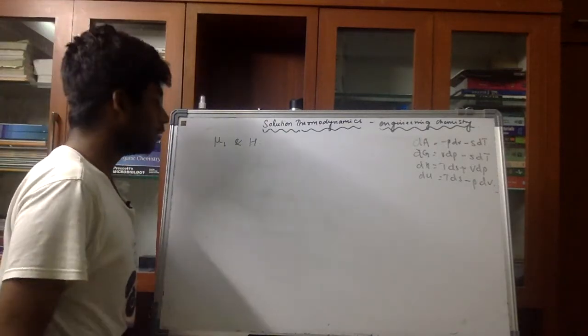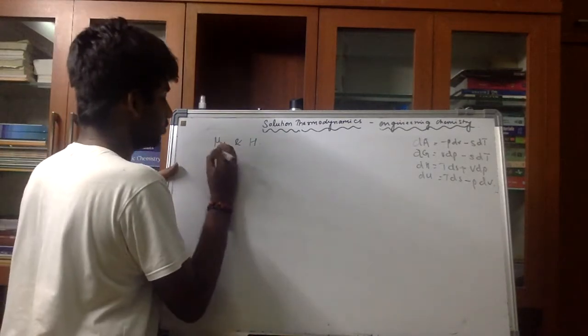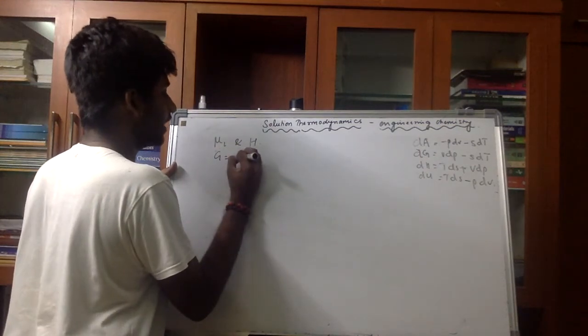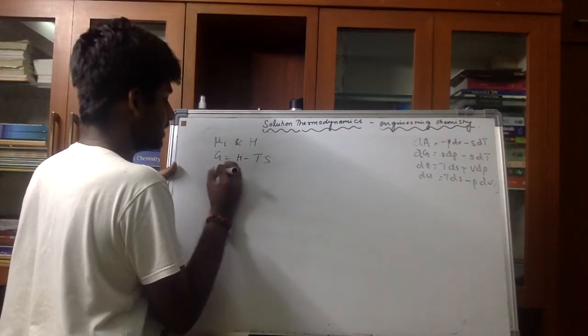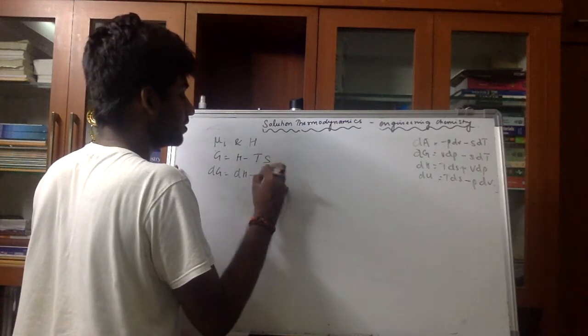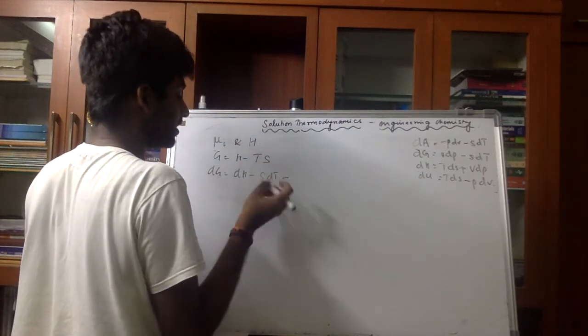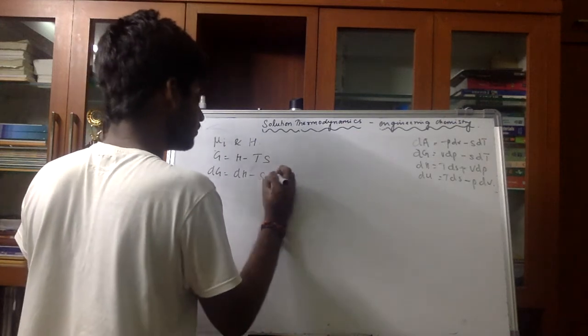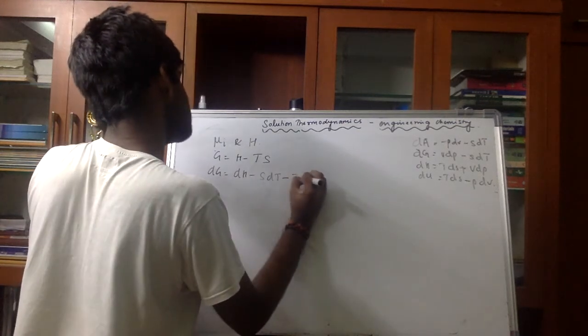Okay, so now let's bring in, so you know G is equal to H minus TS, and then dG is equal to dH minus, this is a very simple one. Okay, so you'll have SdT minus TdS.